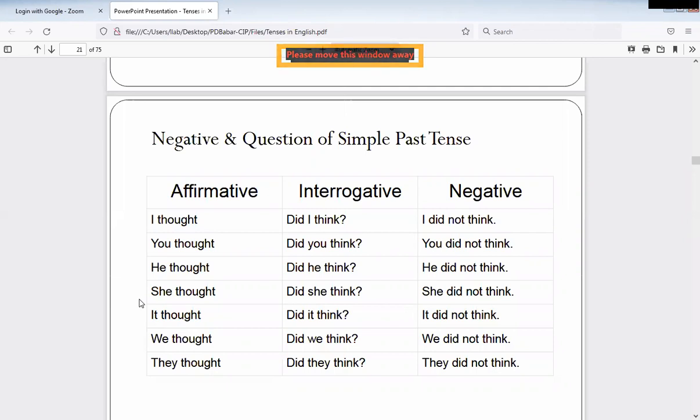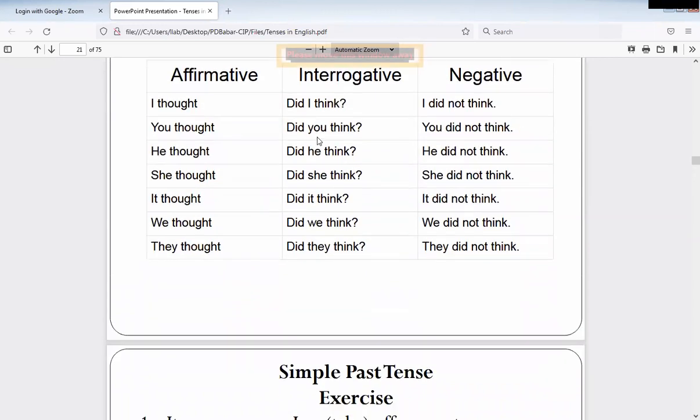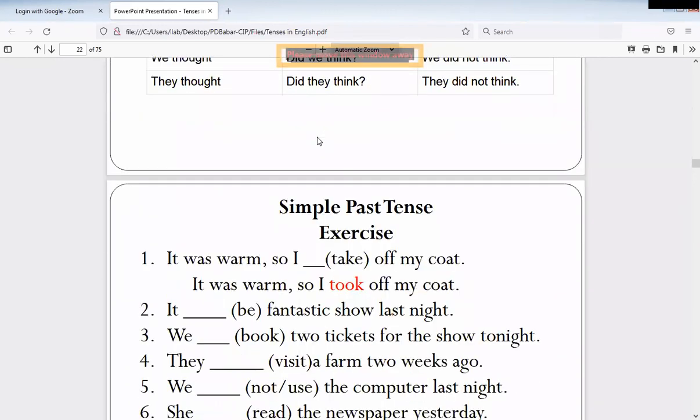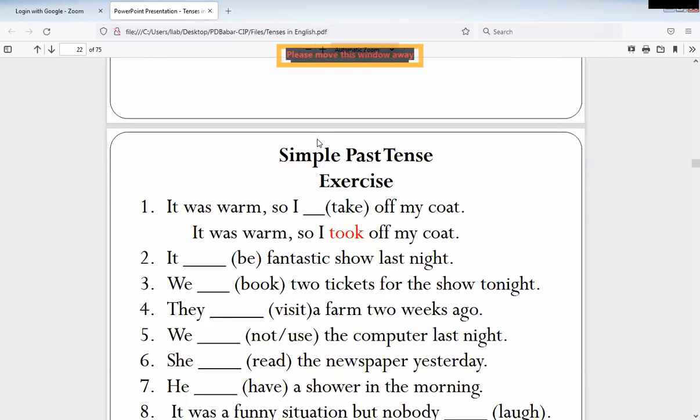So this is the affirmative, interrogative, and negative chart for simple past tense sentences. You should have this with you.